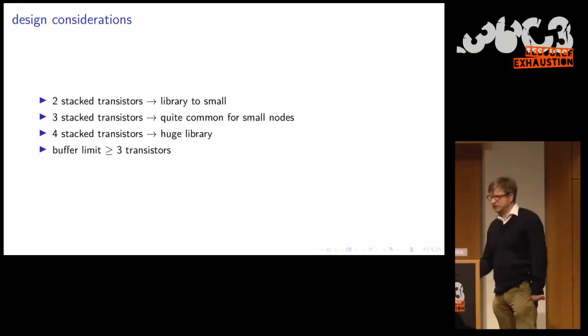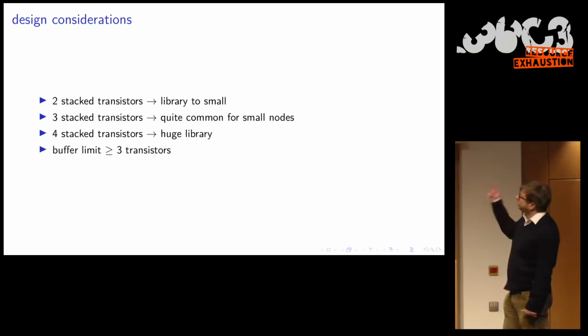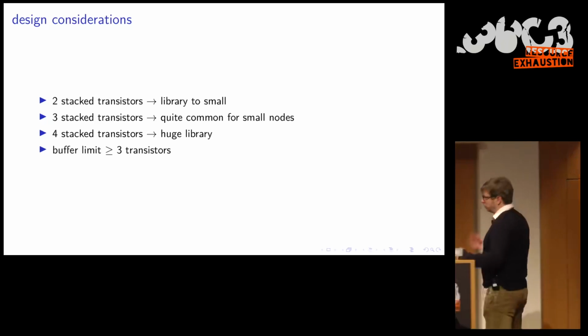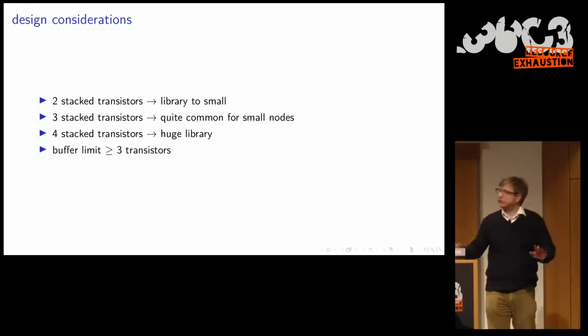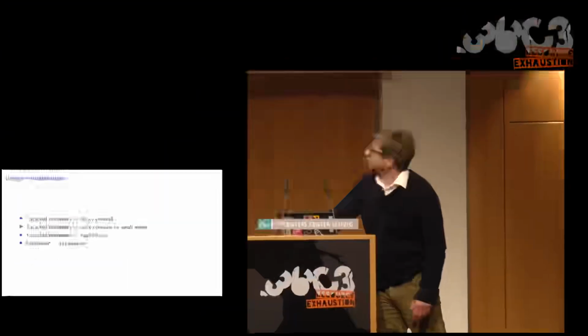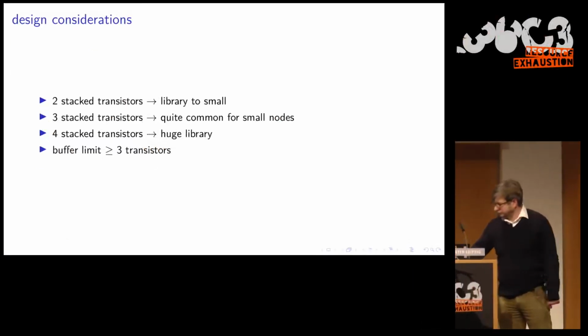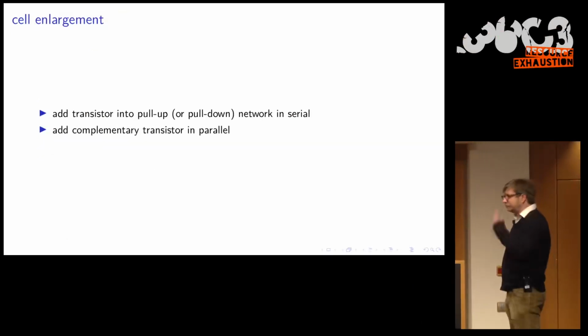When using 3 stacked transistors, we have libraries, but some libraries don't support it. But if we add 4 stacked transistors, then the library will be hugely complex. In the paper I read that there are up to 4,000. I will tell more about this later. So we have a buffer limit at bigger or equal to 3 transistors.